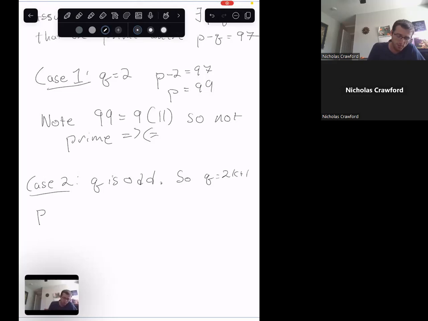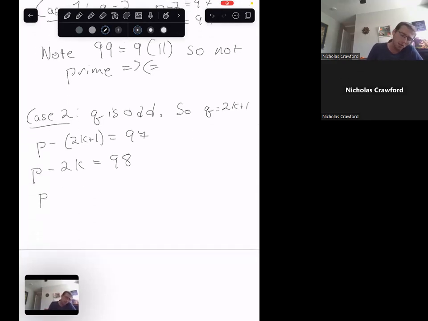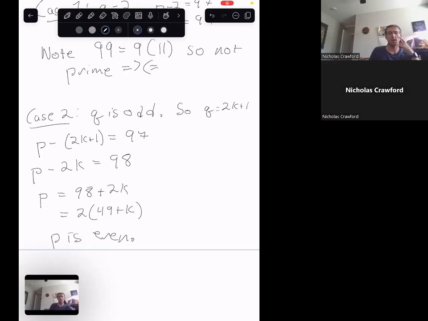Now we substitute: P minus (2K plus 1) equals 97. Doing some arithmetic, P minus 2K is equal to 98, so P equals 98 plus 2K. Oh no, this is 2 times (49 plus K). Thus, P is even. That's not good for us.